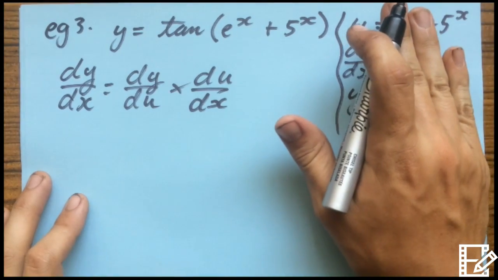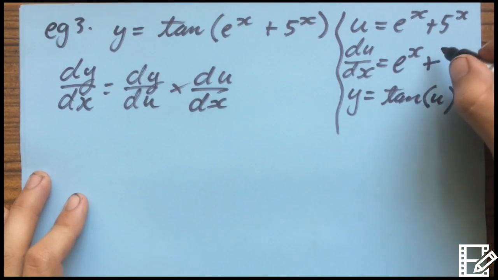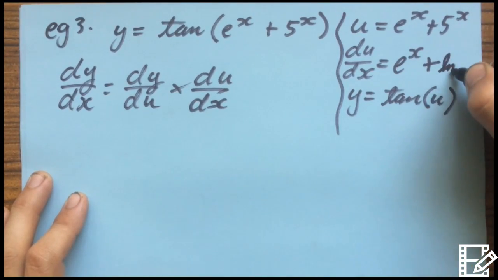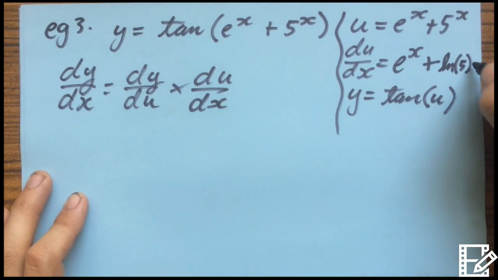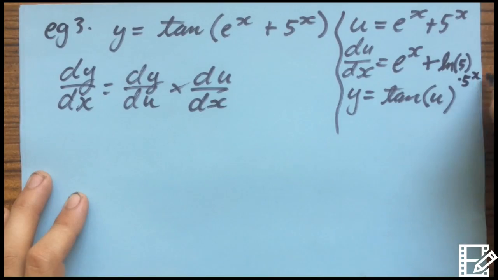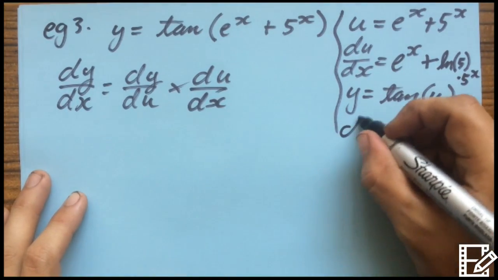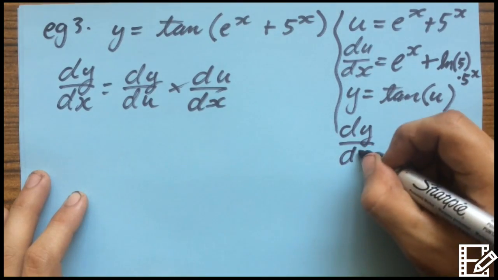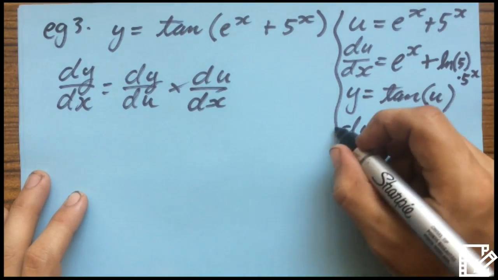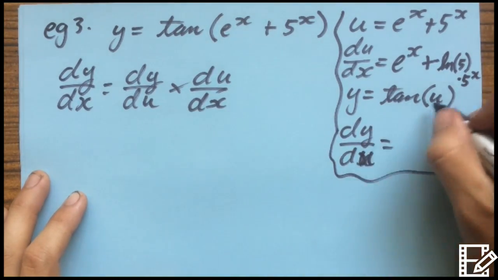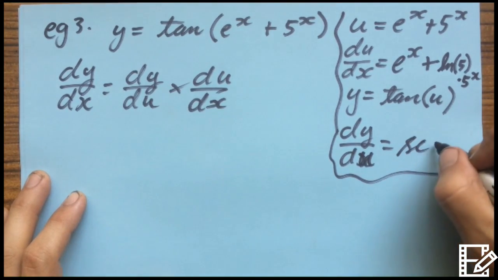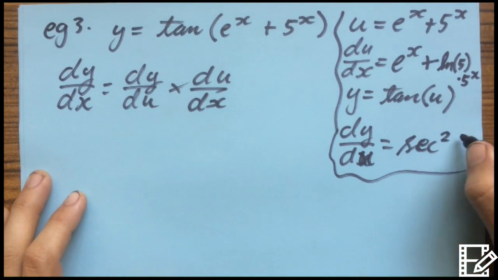The derivative of 5 to the power of x is ln 5 multiplied by 5 to the power of x. I'll have to rewrite that down here. But derivative of y with respect to u, derivative of tan is sec squared.